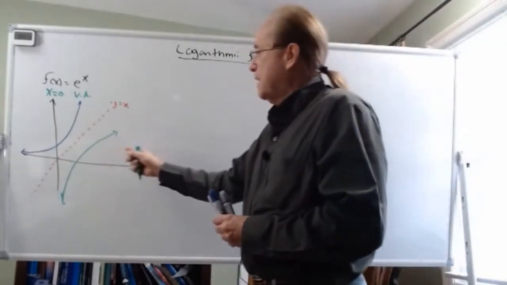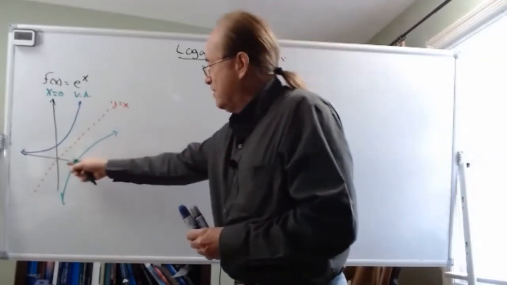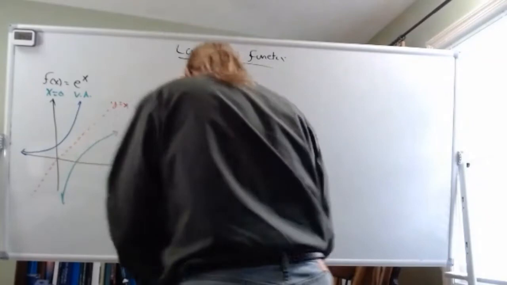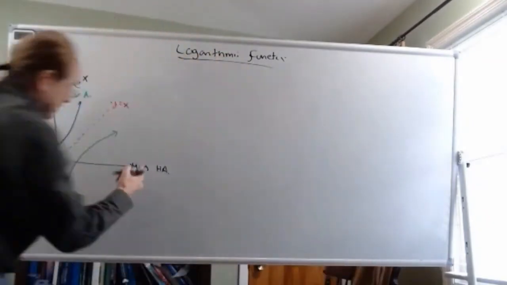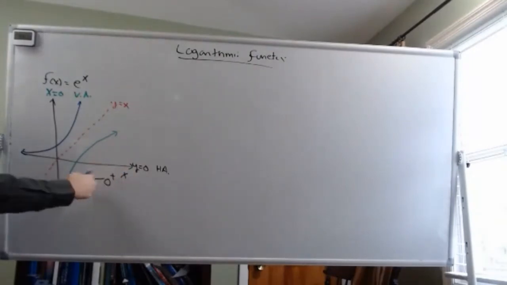You can test those by looking at x going to 0 from the right. This is my x-axis here, and I'm going to 0, and that plus means I'm going to it from the right.